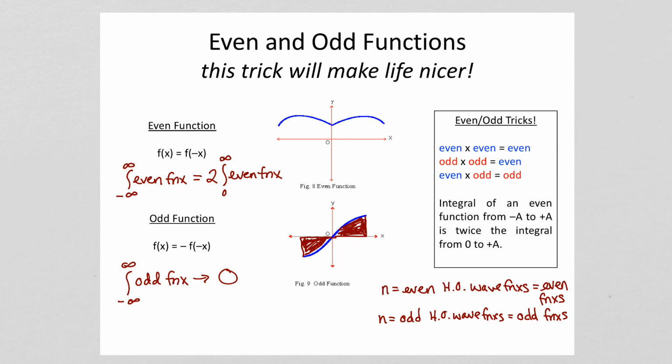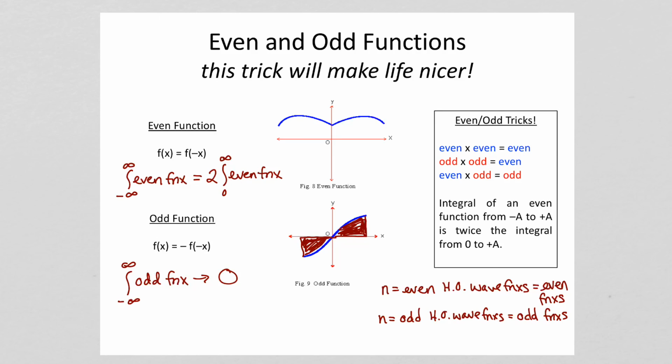And then just a reminder of how your even and odd function math works. Inside your integrand, if you have an even function of x times an even function of x, you're going to end up with an even function. If you have an odd function times an odd function, you'll end up with even.